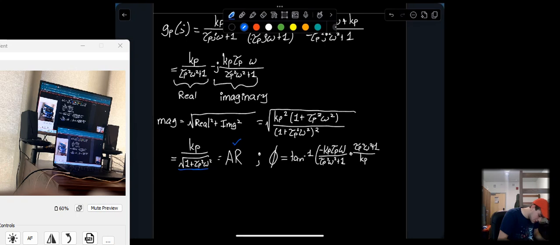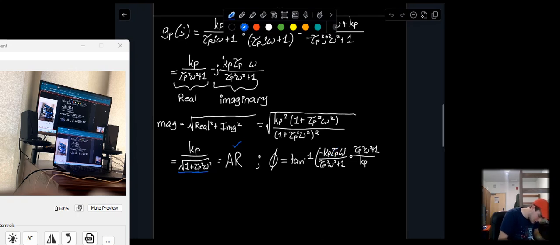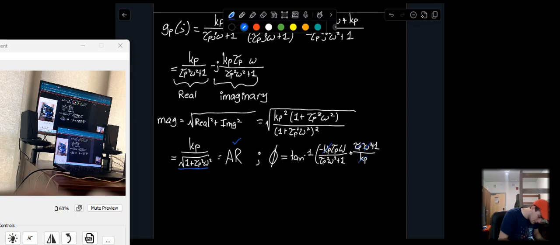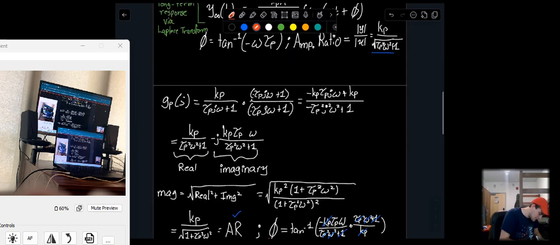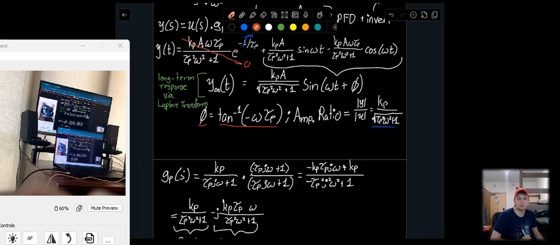After cancellations, we're left with inverse tan of negative tau p omega, which of course is exactly the same relation that we've constructed right here. Okay, there we go.